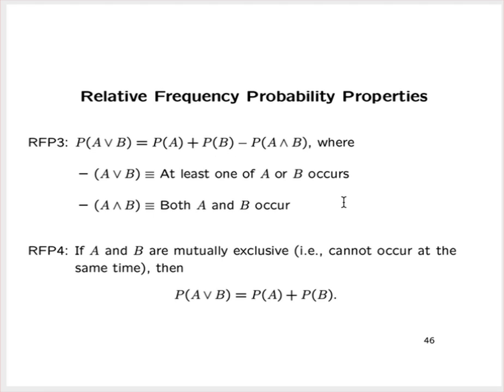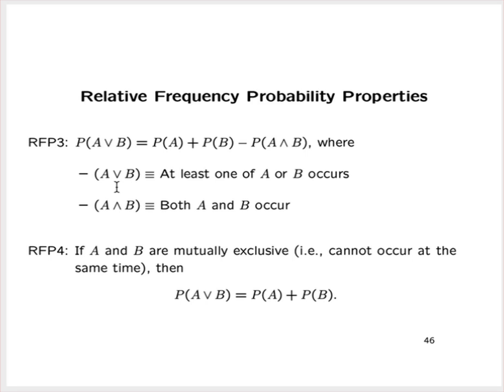Okay, RFP3, relative frequency probability property 3, says the following. Now, before I read this RFP, let's look down here in the following two lines. We need to define this notation. So I've got what we might call a wedge and a hat notation.